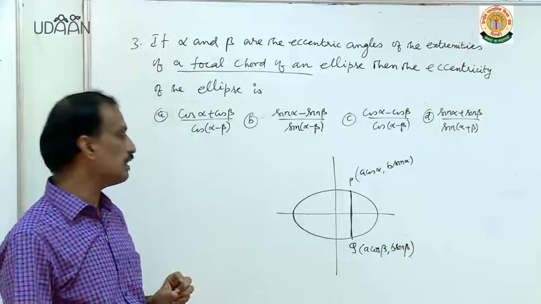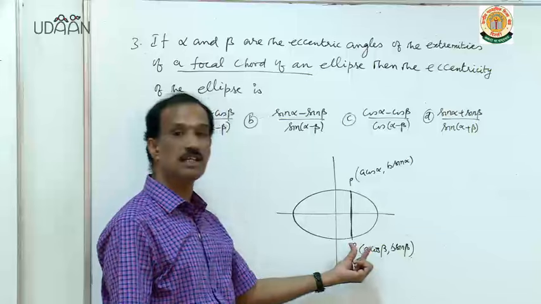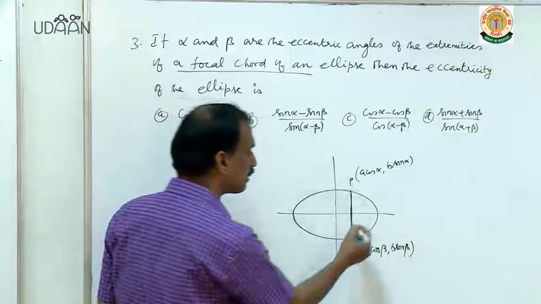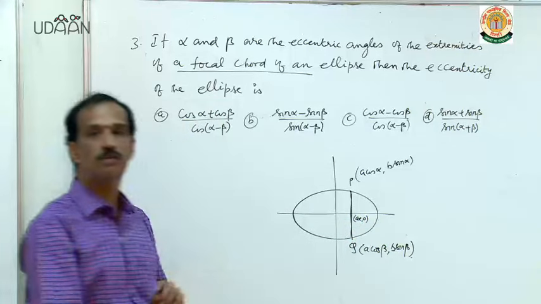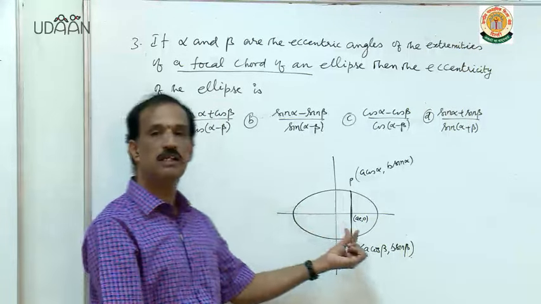Now we will find its equation, and that is passing through the point (ae, 0). If you have that, you will be able to get the value of e.